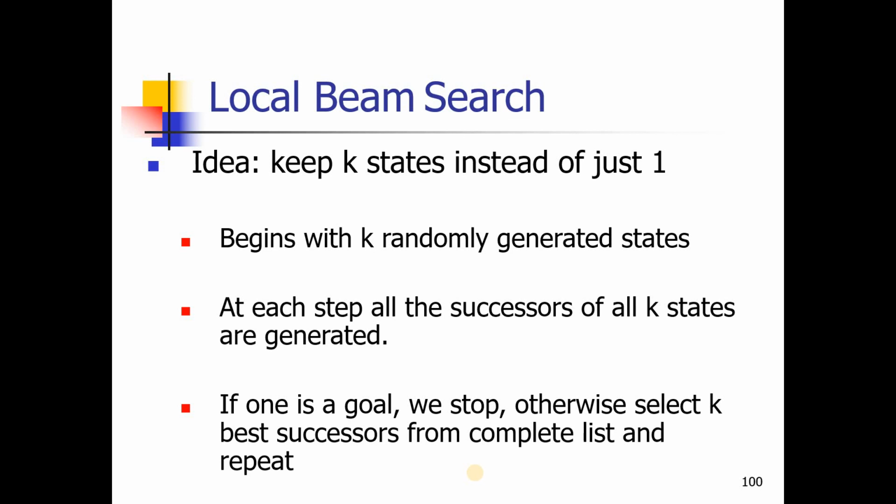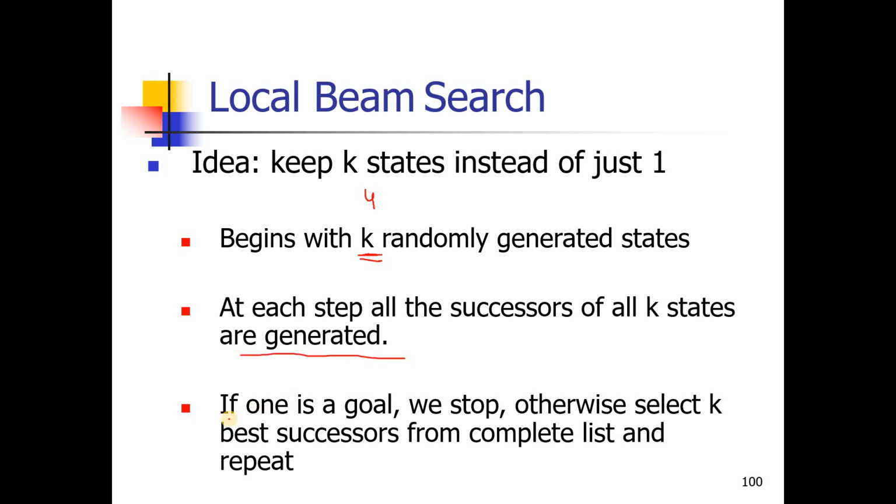So here it is. The idea is to keep k states in local beam search, instead of just one state, which was the case in hill climbing. Begin with k randomly generated states. K can be, as in the example we saw, equal to 4. At each step, all the successors of all the k states are generated.